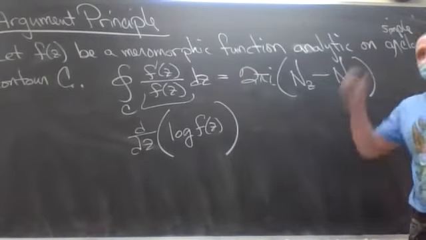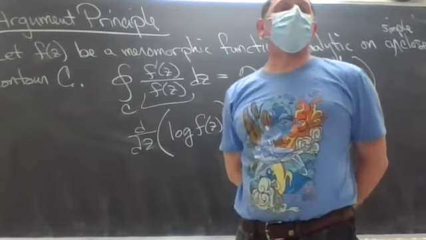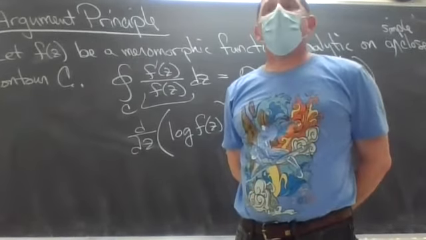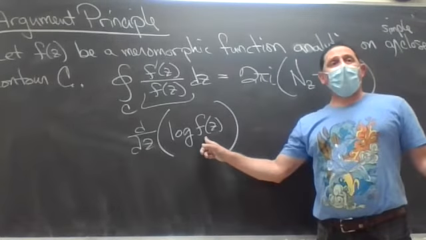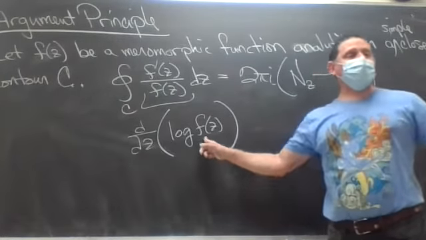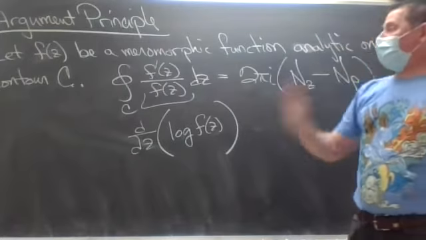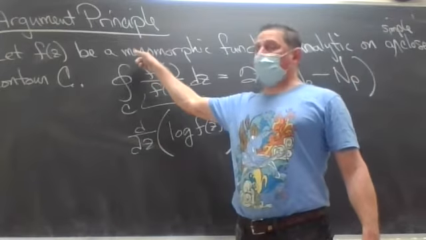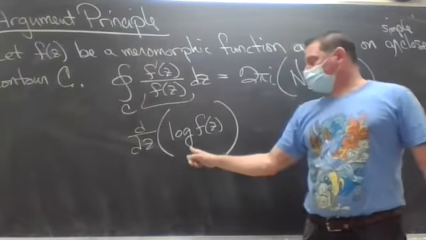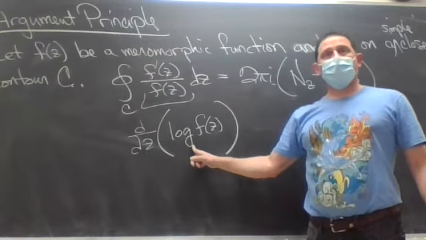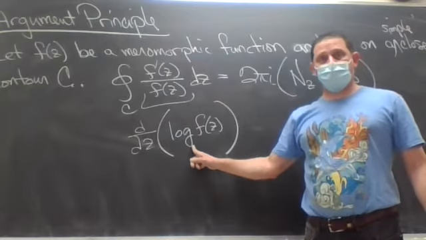Okay? So if I integrate that using the fundamental theorem of contour integrals, what we'll find is that we get the logarithm of f of z at the end minus the logarithm of f of z at the beginning. Now, f of z had to be meromorphic. It didn't have any branch cuts. But the same is not true of log f of z, right? Log f of z can certainly have branch cuts.